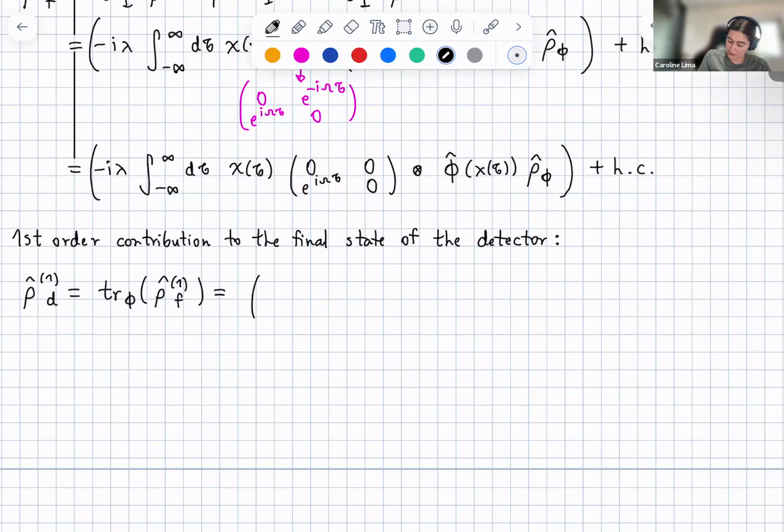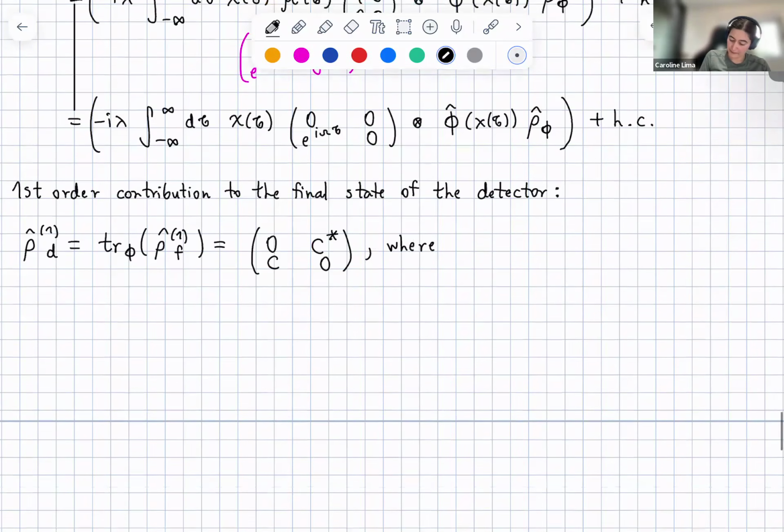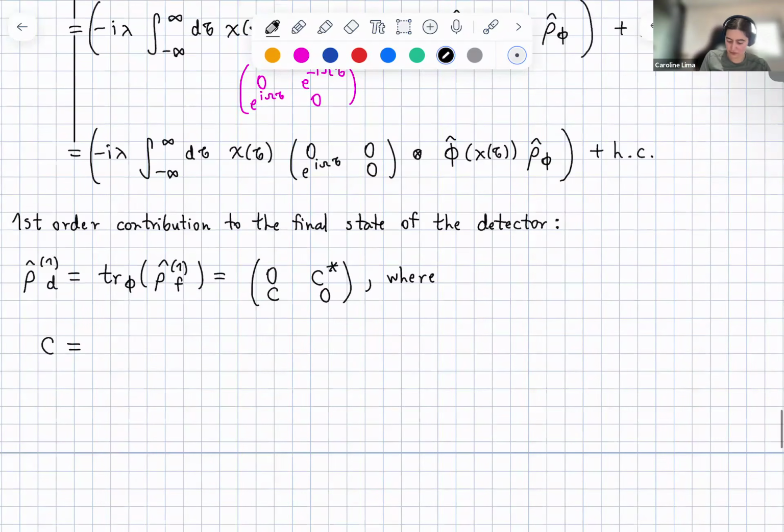So that is going to be, I can write this as 0, C, the complex conjugate, the Hermitian conjugate, and where C here, I called it C just to remind you of coherence, but that's just my notation. So C is exactly what I had there.